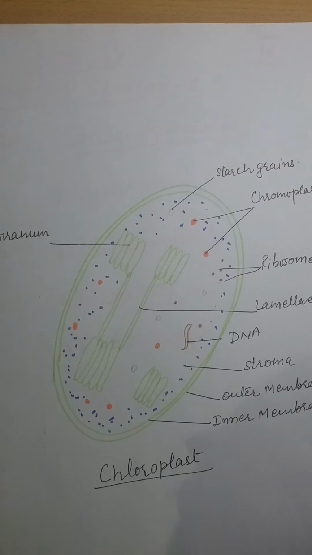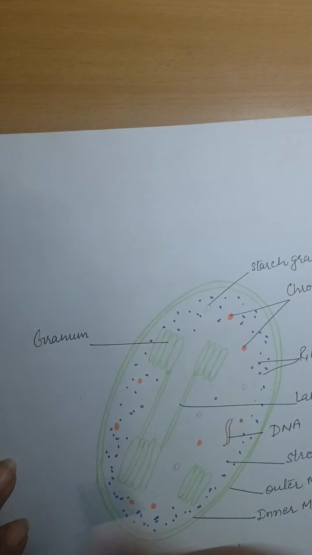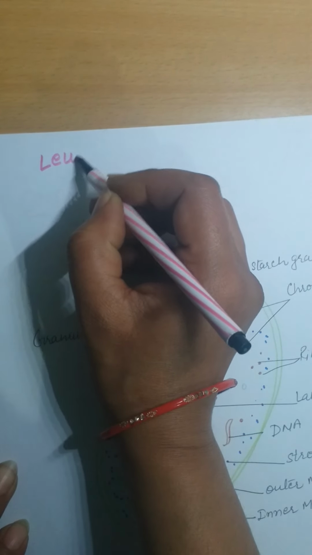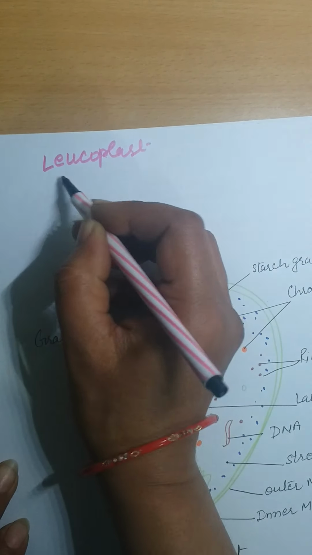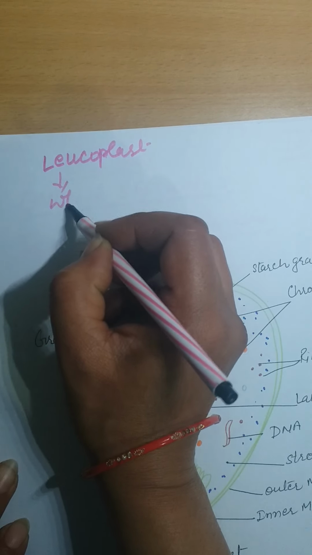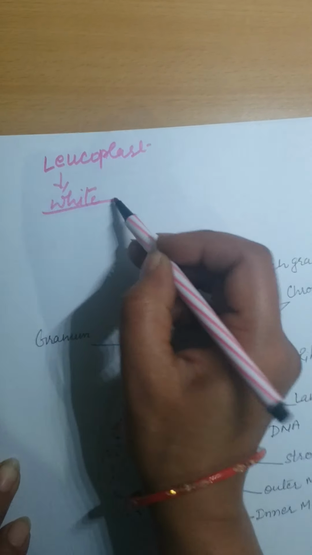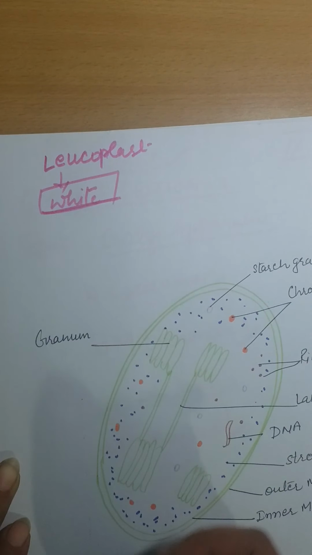So what is the difference between chromo and leuco? First I am taking the leuco. Leuco means white. So white color of pigment is known as leucoplast.